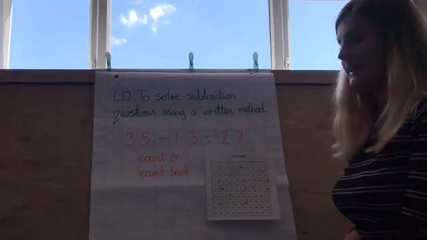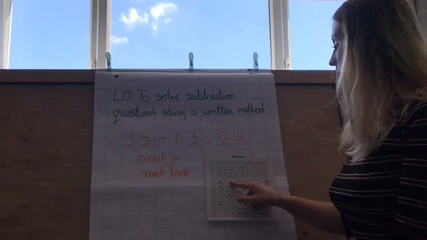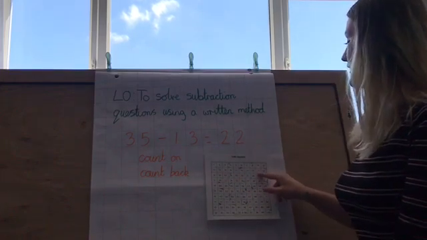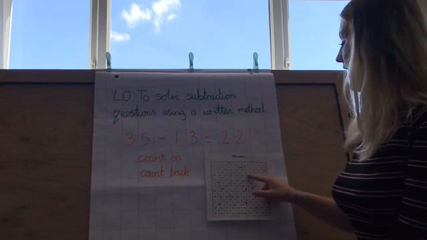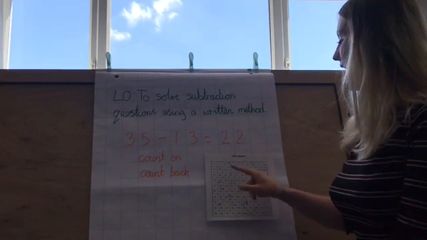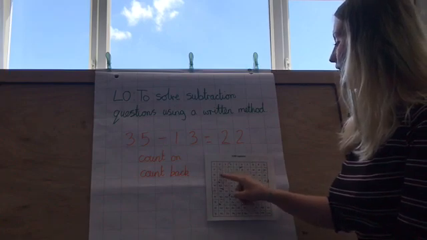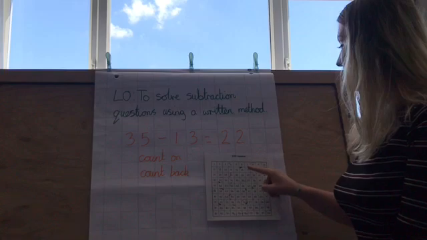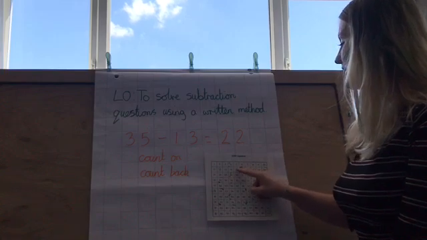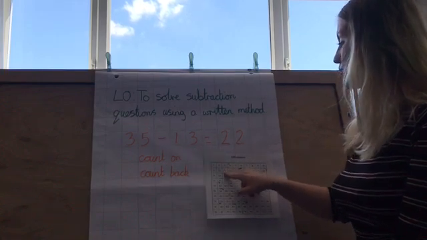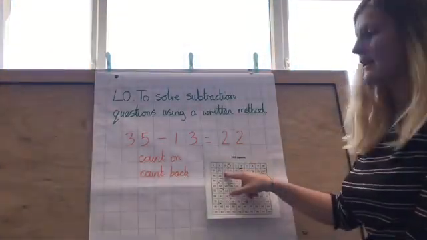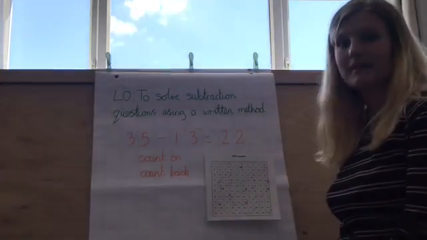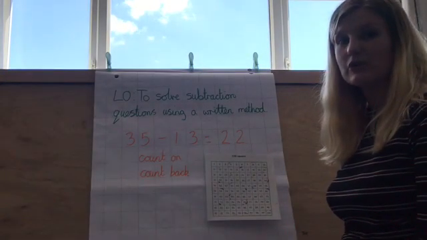Are you ready to count with me? 1, 2, 3, 4, 5, 6, 7, 8, 9, 10, 11, 12, 13, 14, 15, 16, 17, 18, 19, 20, 21, 22, and I've ended up at 13. So either way, counting on or counting back will give me the same answer. That's up to you which method you use.